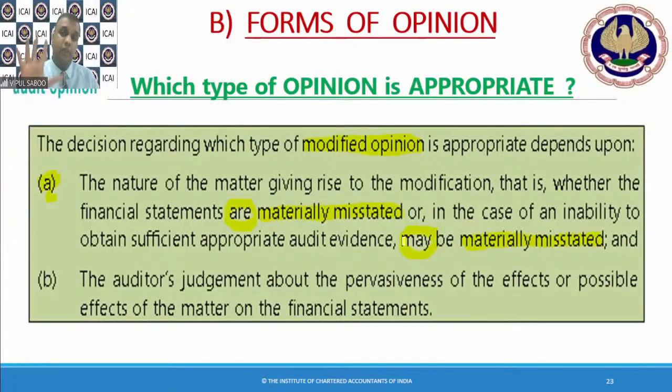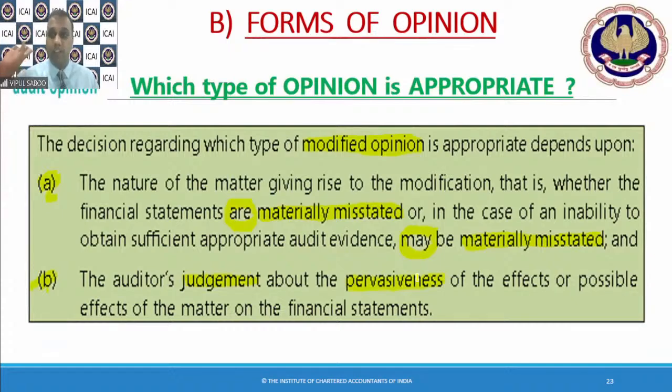So as per the facts and circumstances of the case, which type of opinion is appropriate? If you find they are materially misstated, they could be materially misstated. Further, the other factor we have seen is the auditor's judgment about the pervasiveness of the possible effects.